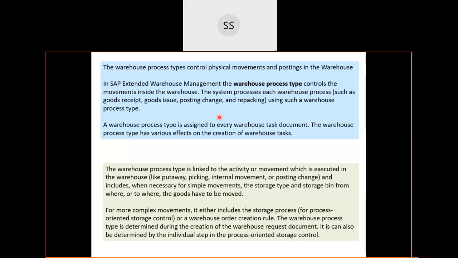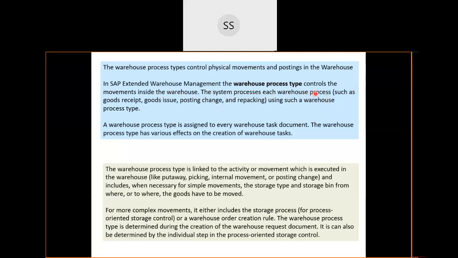The warehouse process type controls the physical movement and posting in the warehouse. In EWM, I will call it WPT, warehouse process type. The WPT controls the movement inside the warehouse. The system processes each warehouse process using a warehouse process type.